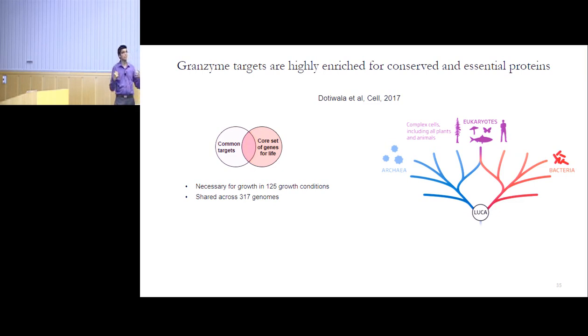So that means the granzymes are going after highly conserved but also highly essential metabolic enzymes that prevent the bacteria from surviving in a diverse set of metabolic conditions. And so it's not targeting proteins specific to tuberculosis or E. coli, but it's going after highly conserved metabolic enzymes. And many of these are not being targeted by existing antibiotics. And so our next step in our lab is to figure out which of these are promising new drug targets for designing new drugs.